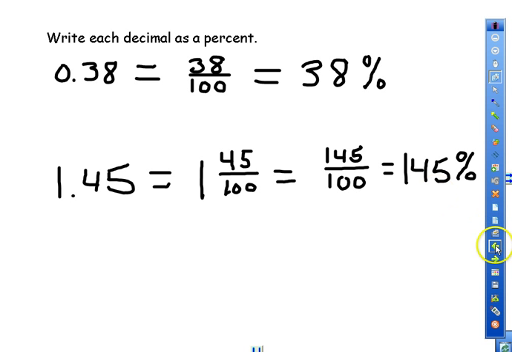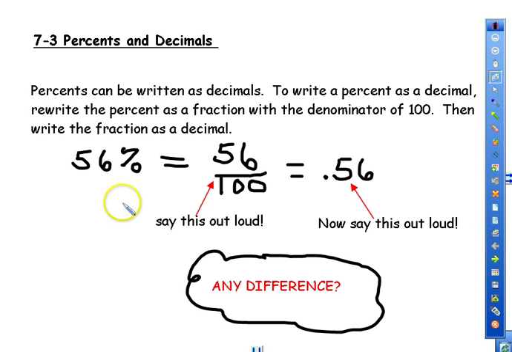Okay? Now, a shortcut to doing all this, some of you are looking at this saying, oh, I can do it a little differently, is by simply taking the decimal point of my 56%, and since we are basically dividing by 100, look at how we have 56 over 100, that's 56 divided by 100, the decimal would then move 2 places to the left. That's our mental math that we have learned in the past, that if you divide by 100, you move the decimal to the left according to how many zeros there are.